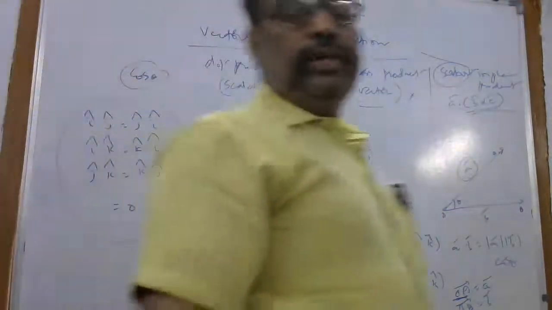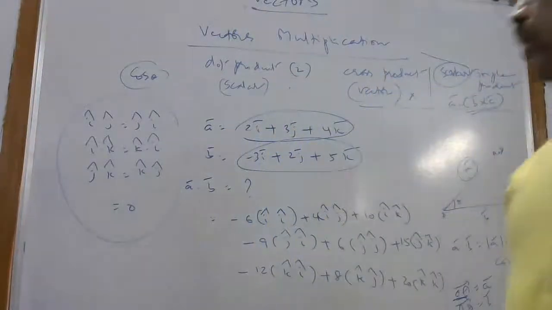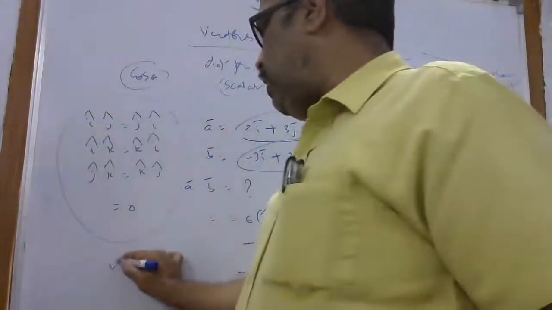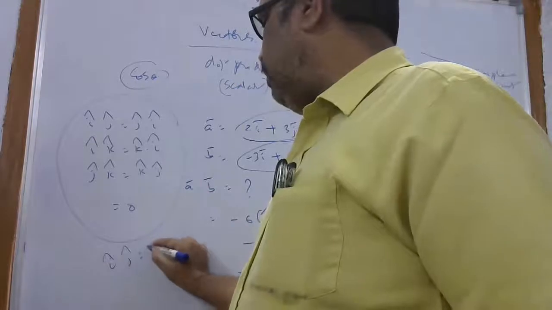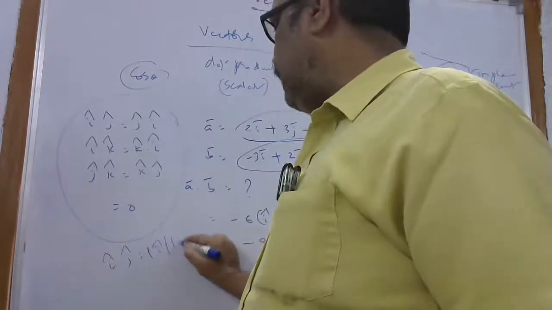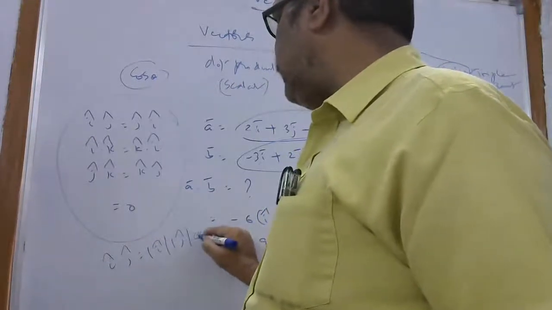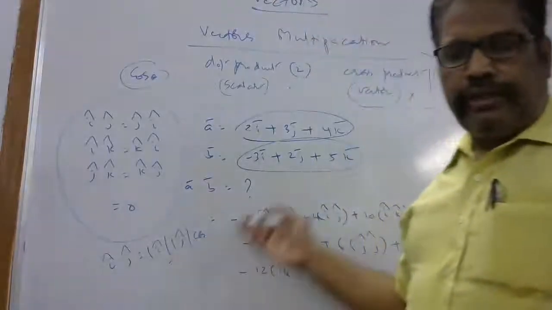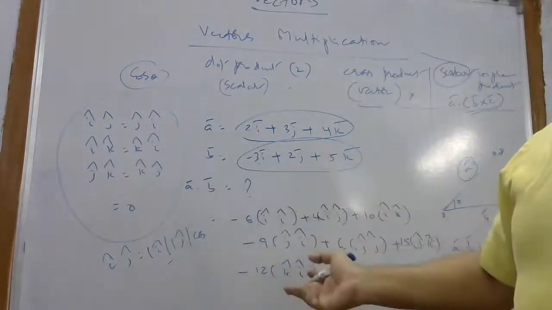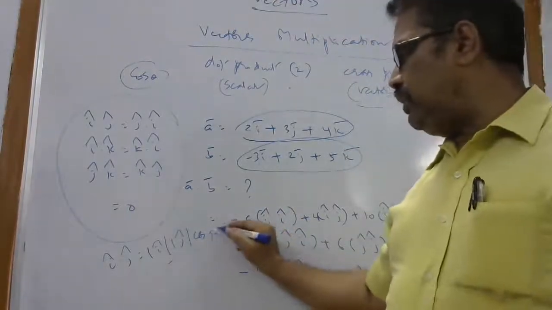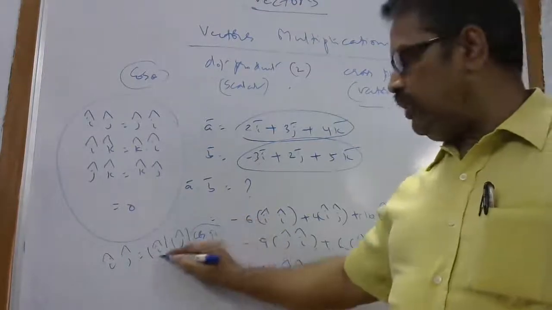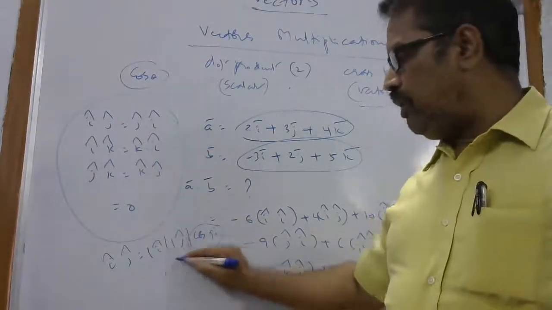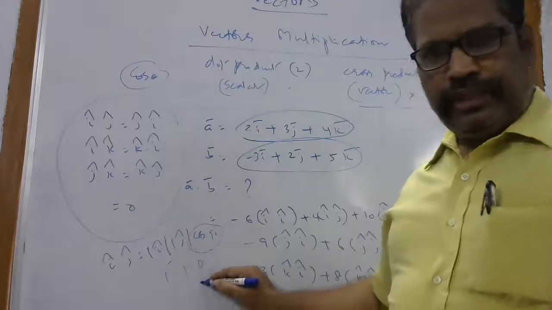See, because cos 90 only. I bar dot J bar, what can I say? Tell me. I bar dot J bar is mod I cap as per formula, mod J cap into cos theta between them. I and J, what is that? X and Y axis. 90 only angle. Yes, brother. So cos 90. What is cos 90 value? 0. 0 into this is 1 into 1 into 0. What comes? 0. Yes, but clear?